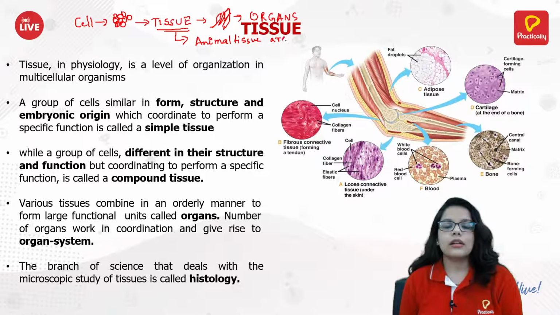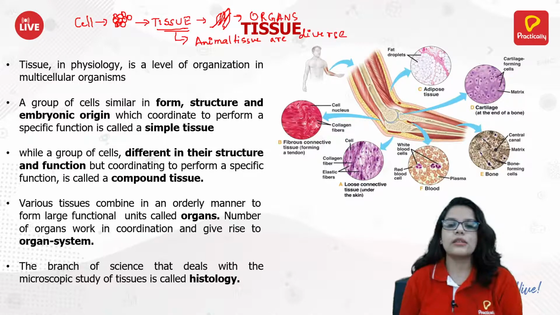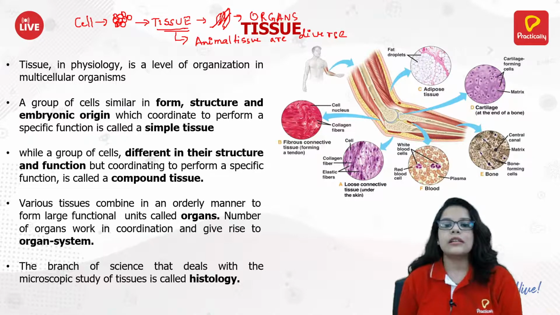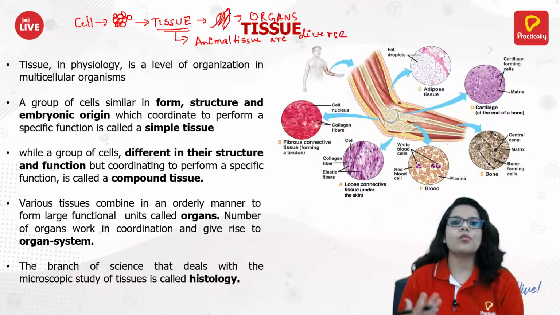You can see a lot of examples here in the picture. You can see how many types. This is just a part of the arm of a man, and you can see fibrous tissue, loose connective tissue, blood, bone, cartilage. These are also kinds of tissues. So you can understand how diverse we animals are.